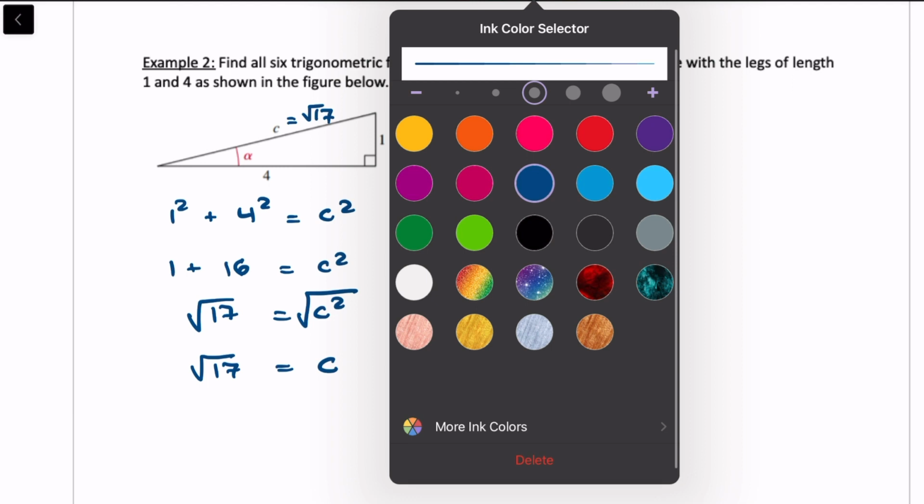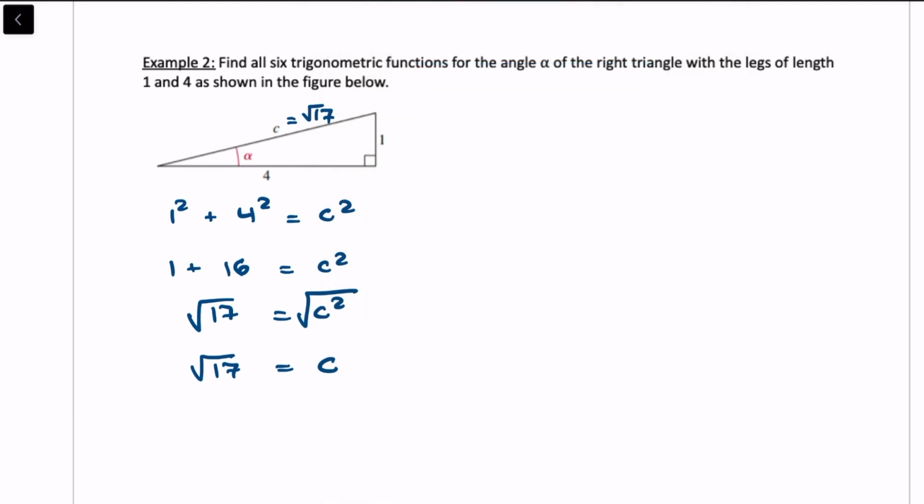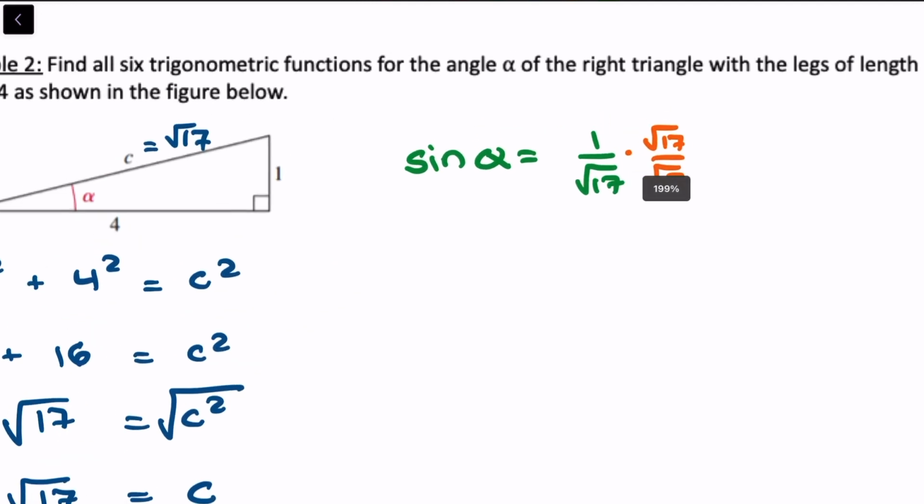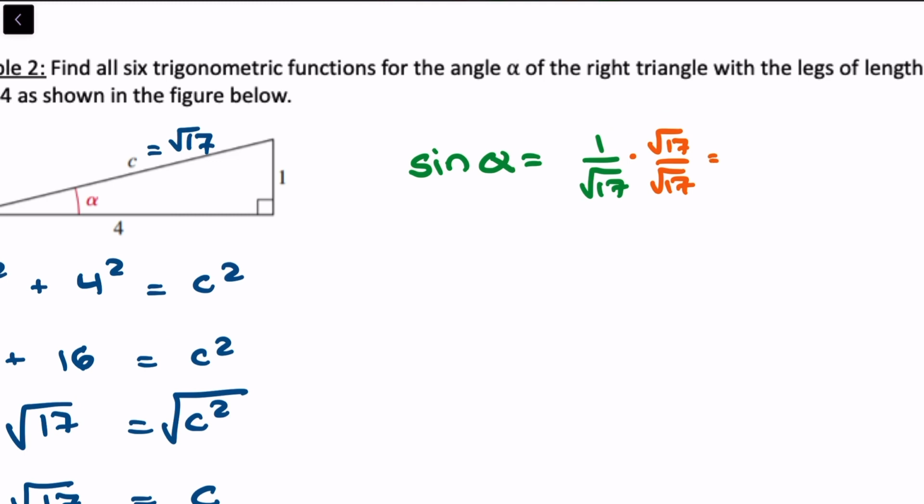And so if I want to find sine of alpha, I'm going to do opposite over hypotenuse, 1 over the square root of 17. But the square root of 17 can't stay in the denominator, so I have to rationalize that. I multiply the top and the bottom by the square root of 17.